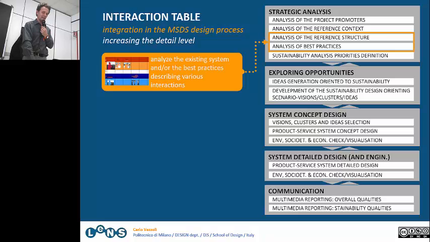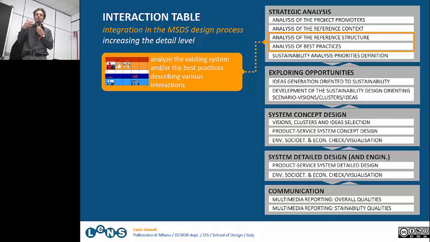So where do we integrate this into the interaction table? Now we saw that this has been used. We are using this in designing, but actually you can even use it to analyze the reference structure. So how your system is, the existing system.